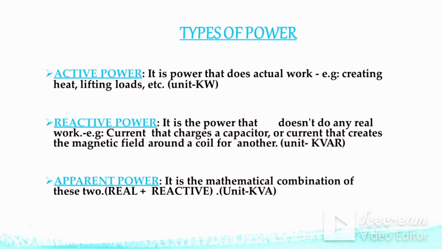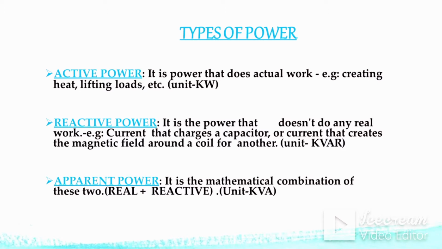Here, active power is the power that does the actual work, for example creating heat, lifting loads, etc. Its unit is kilowatt. Reactive power is the power that does not do any actual or real work, but it moves back and forth in the transmission network in order to develop the magnetic field and provide for the generation of active power.